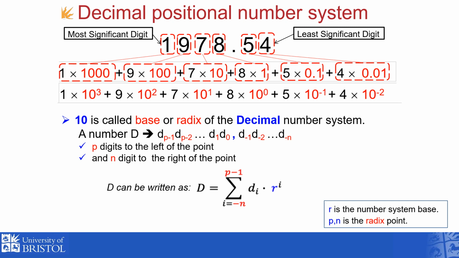Then again, 4, which is at position -2, is multiplied by 10 to the power of -2. So overall, as you can see in this example, and if you go through this example again by yourselves, you will realize that a number can be written as this formula over here. And another thing to bear in mind is that this formula is universal and it doesn't depend on the numbering system. If instead of the decimal you had octal, the only thing you need to change here is the value of r.